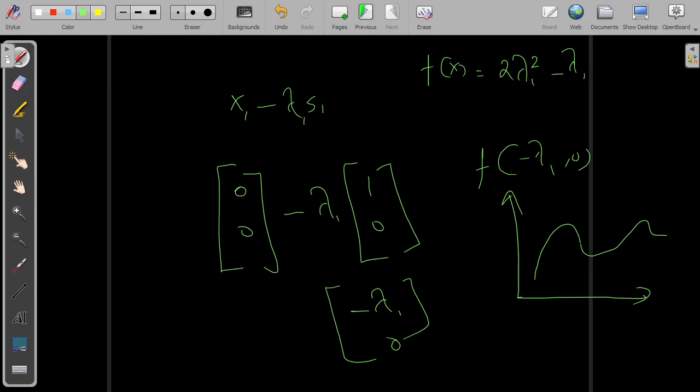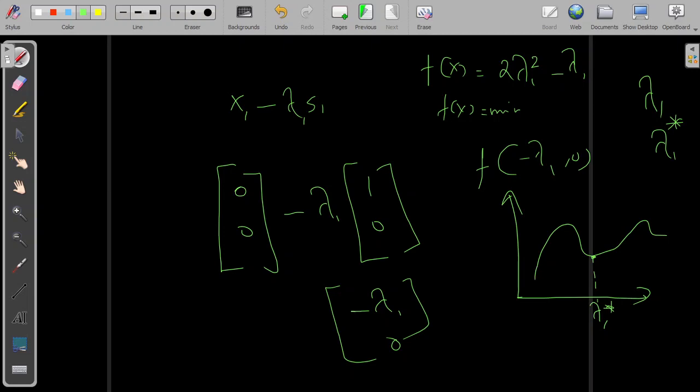That means you should find lambda 1 such that it gives the minimum value of f. That lambda 1 can be called lambda 1 star, lambda 1 optimum. So in this figure, it is this point. This is lambda 1 star.